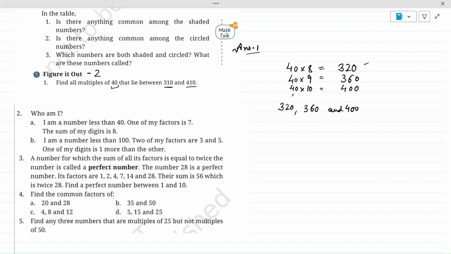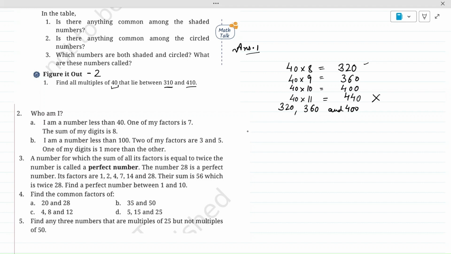After 400, if I multiply 40 by 11, I will get 440, which is a multiple of 40, but it does not fall in the given range. So that's why we are picking these three multiples, which are coming in this range.